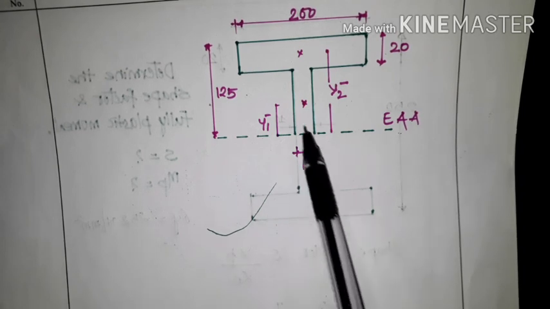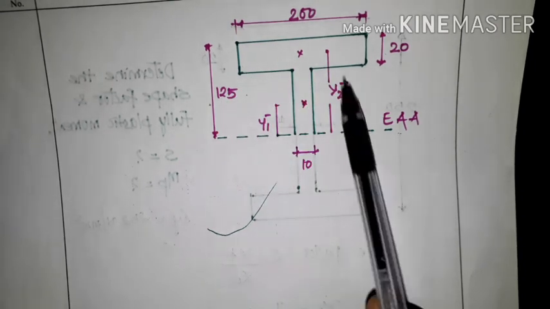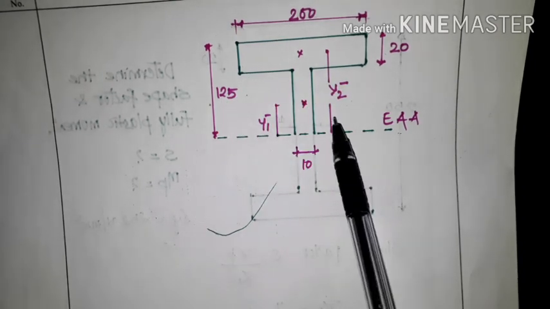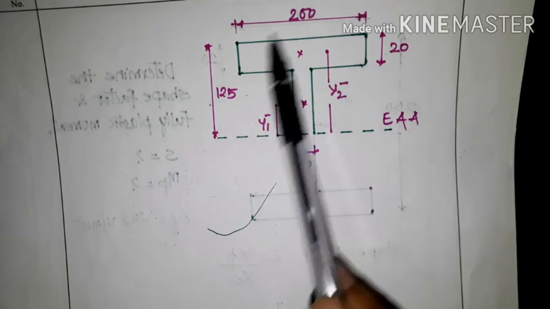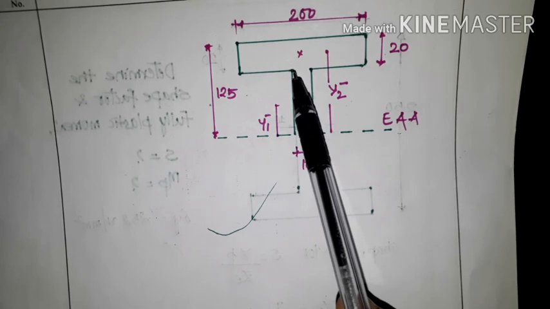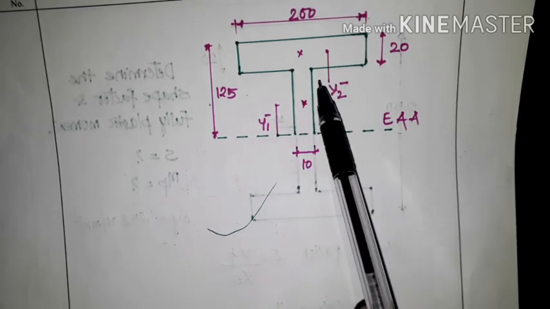Okay, so y1 bar is for the part above the equal area axis, y2 bar for the part below. Both are same, so we have taken y1 bar and y2 bar at the same location in the part above the equal area axis.